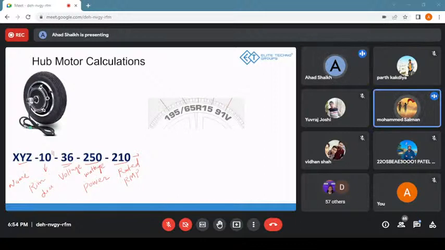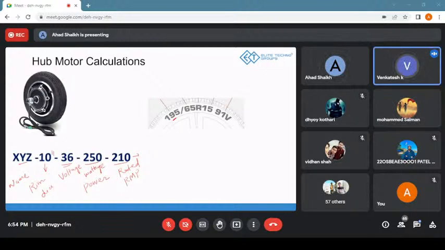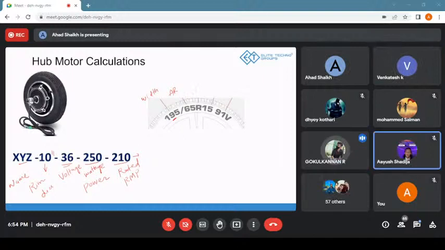What is this 195? 195 is the section width. And 65 is the aspect ratio. R represents the construction type, radial construction.